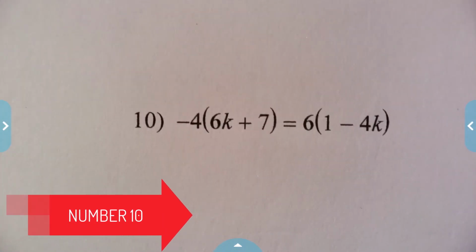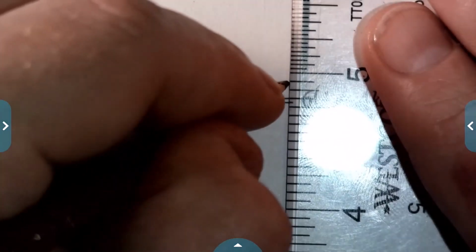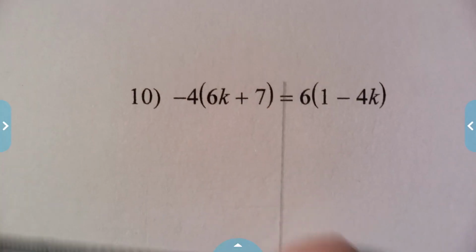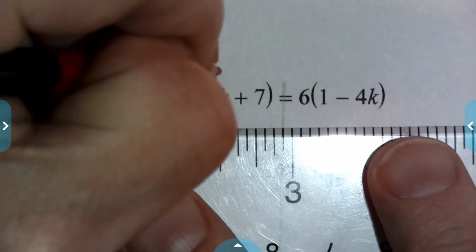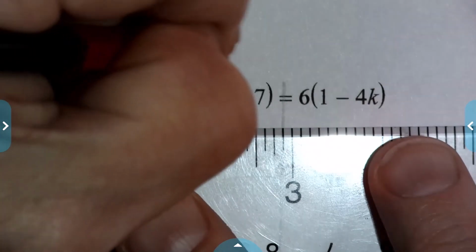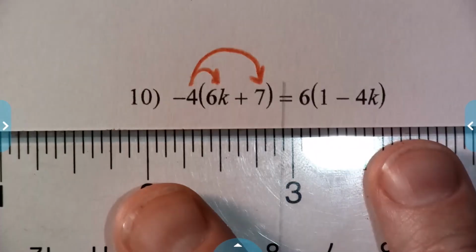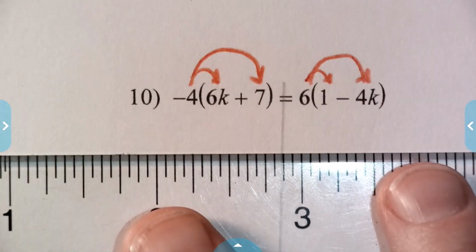Let's take a look at number 10, the last problem. Okay, so first thing I'm going to do is go ahead and draw these distribution arrows. The negative 4 is going to be distributed to the 6k and to the 7. 6 going to the 1 and the negative 4k. And let's see what happens.